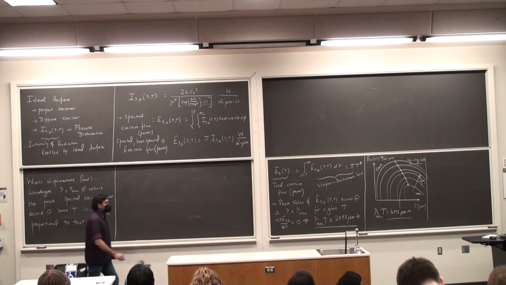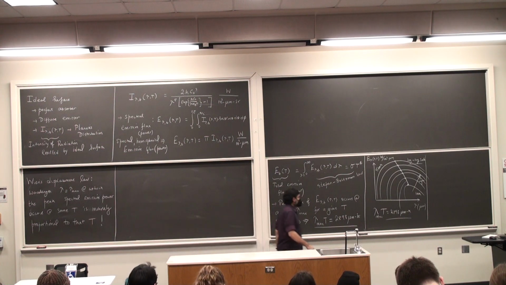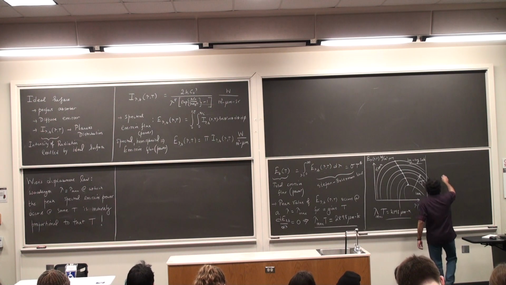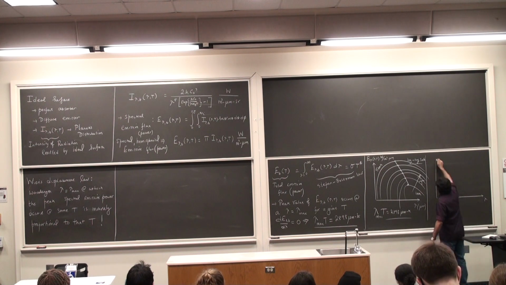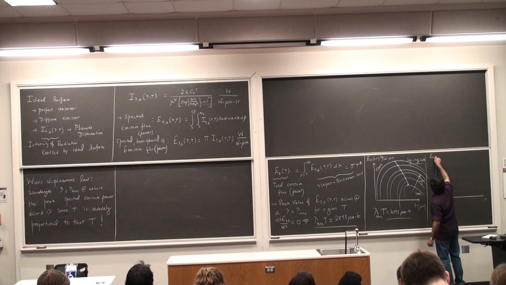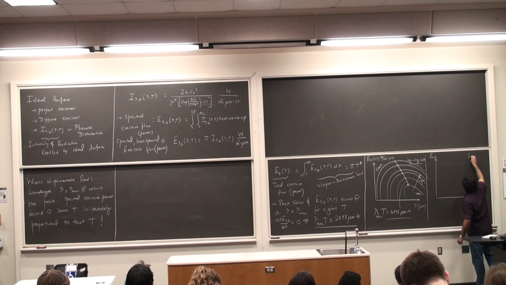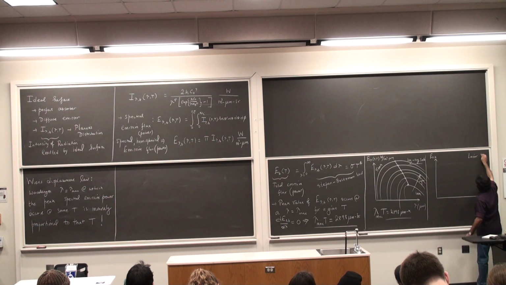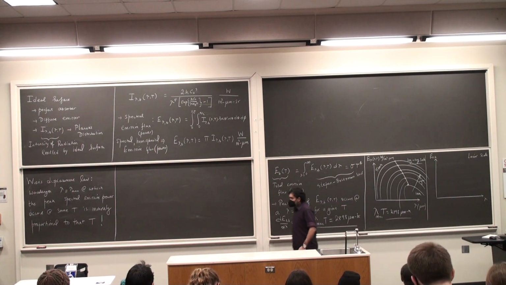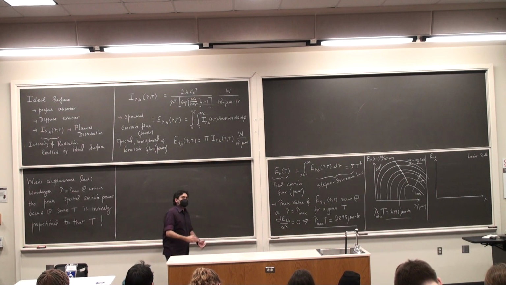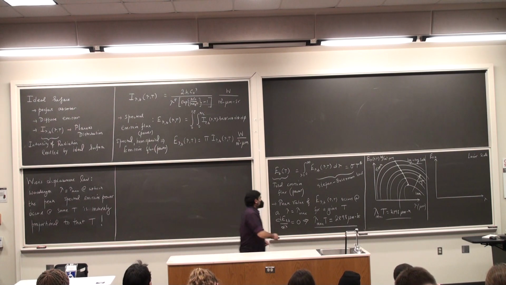And this is in a log-log plot. You can also plot it on a linear scale. Lambda comma b, linear scale, it's a typical scale that we plot things, and the curves will look a little different.